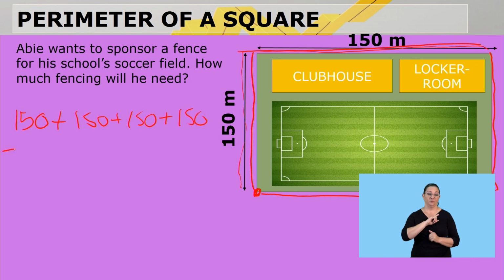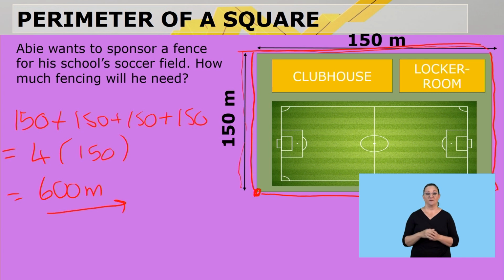So that will give us 4 times 150 meters, which is then 600 meters of fencing that is needed.